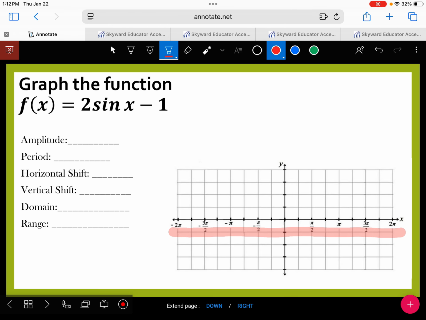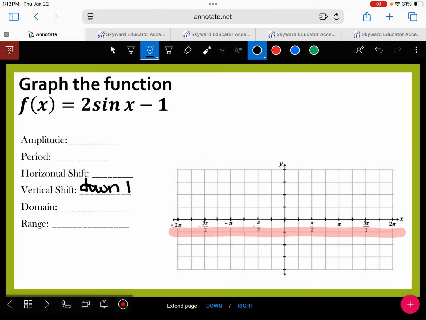Because it's -1, my vertical shift is down 1. All right, what's my first number? What's the height? How far up and down am I going to go from the middle? 2. So my amplitude is 2.